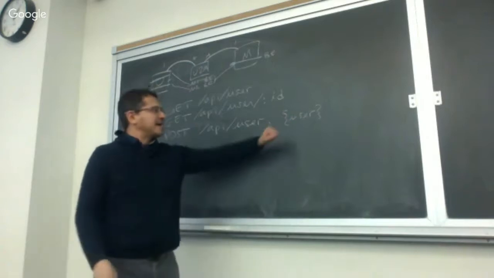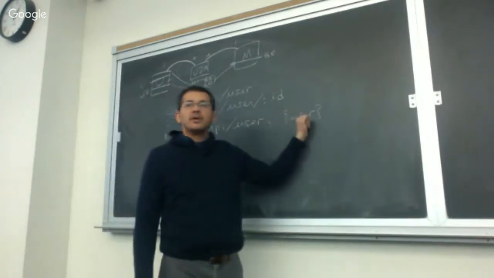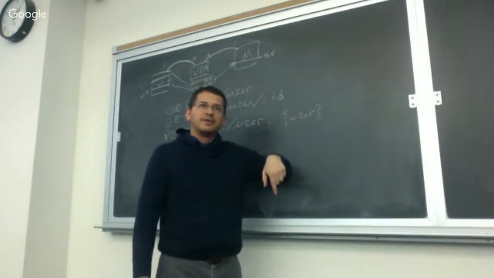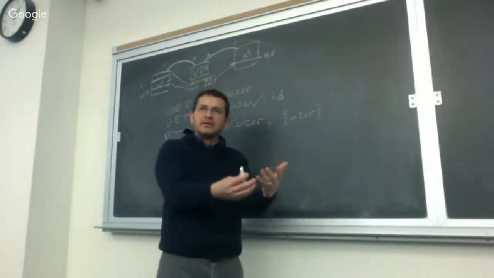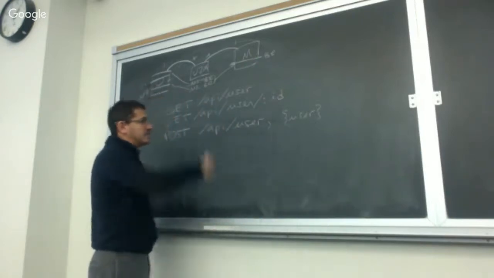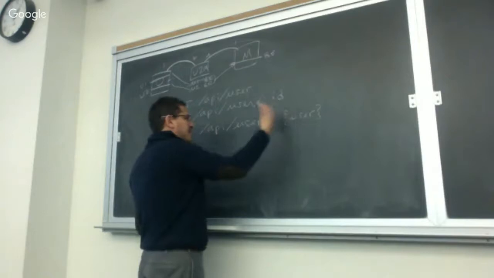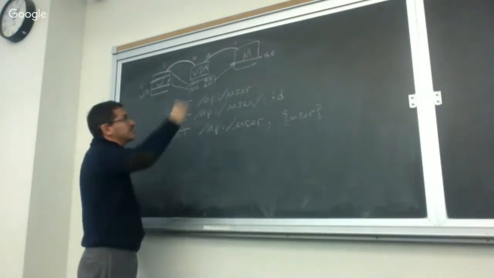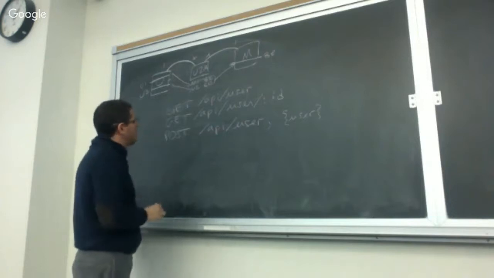Now that data typically is encoded in the body of the HTTP request. So in the body of the HTTP, you'll have the usernames and passwords and whatnot that the server needs to retrieve. It needs to parse it out and then reconstitute it on the server and then insert it in the database and whatnot.